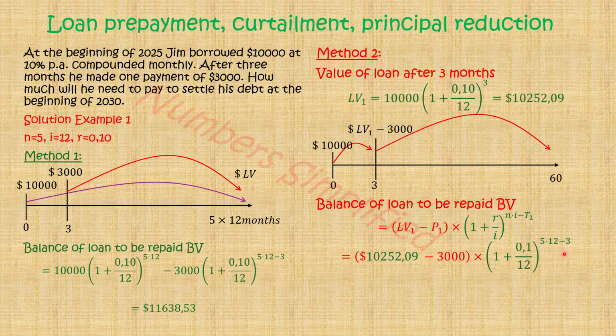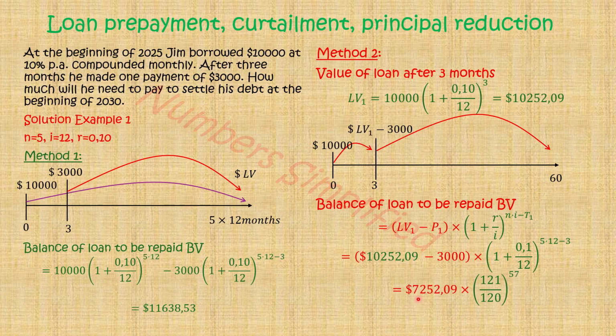And I would encourage you once again to deal with what's inside the parentheses first. So dealing with the LV1 minus P1, the 3,000, then multiplying with what you would get inside the second set of parentheses raised to the power 60 minus 3, which is basically 57. Then with that, we are going to end up having something of this nature.